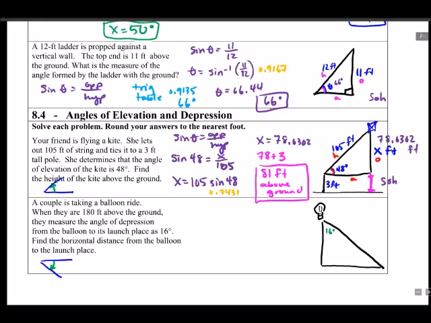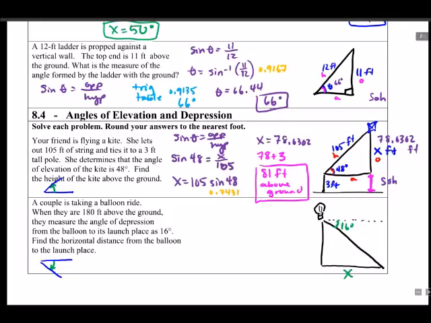So that's 16 degrees. Because here's our horizontal. Ooh, I'm doing this wrong. Ay, caramba. There's our horizontal. This angle here is 16 degrees. Right? That's the angle of depression. We want the horizontal distance from the balloon to the launch place.